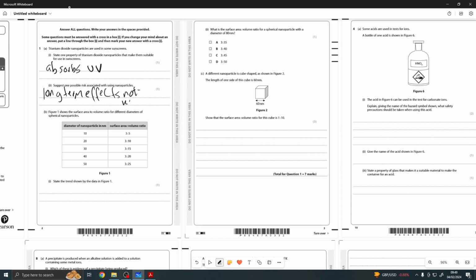Not known. Lovely. Now, figure 1 shows the surface area to volume ratio of different diameters of spherical nanoparticles.